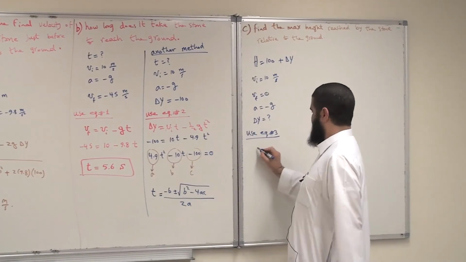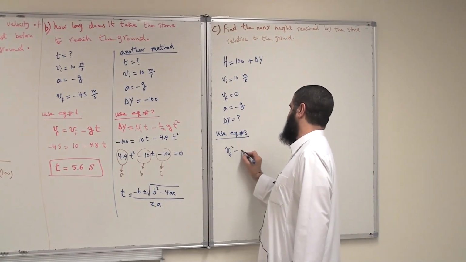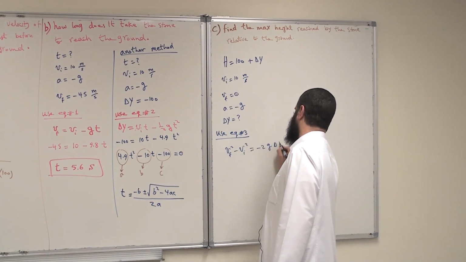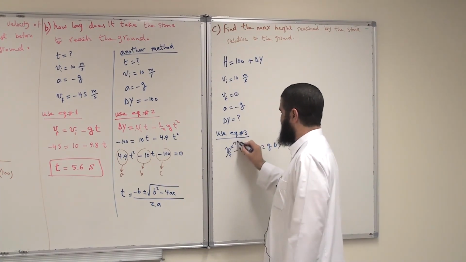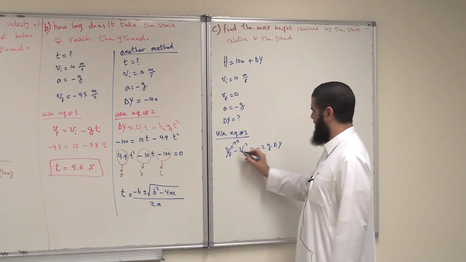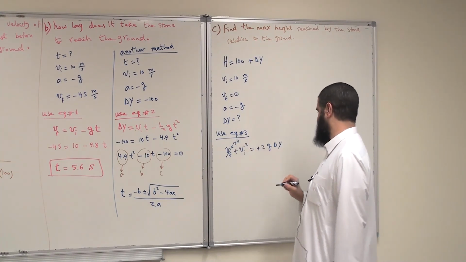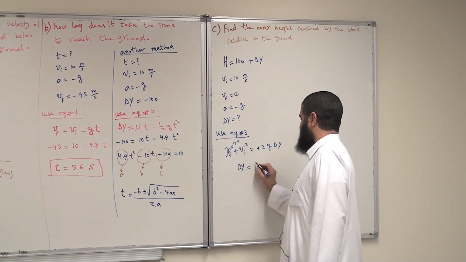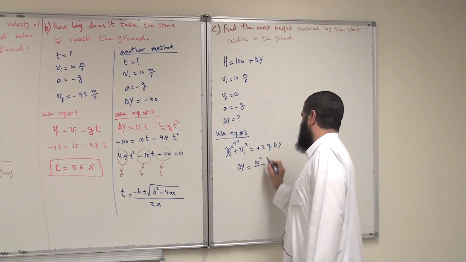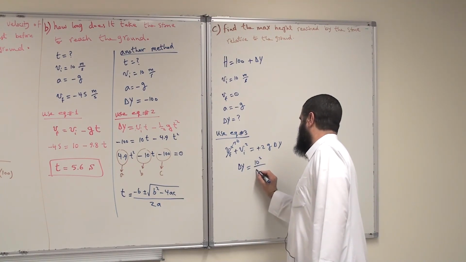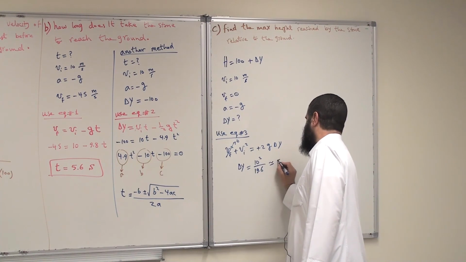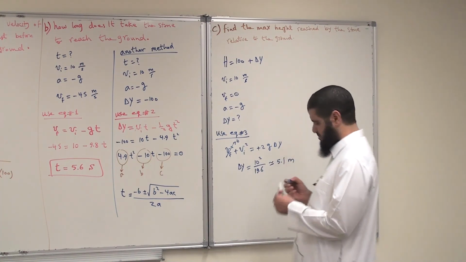For equation number 3, we know v final squared minus v initial squared equals minus 2g delta y. V final is 0 at the maximum height, and the minus will go with this minus. And from here, delta y will be 10 squared divided by 2 multiplied by 9.8, which is 19.6. This is approximately 5.1 meter.